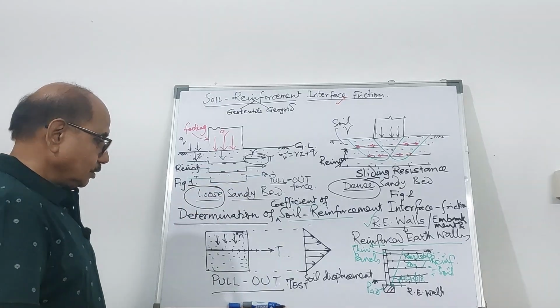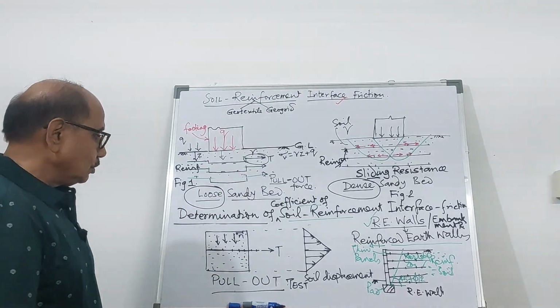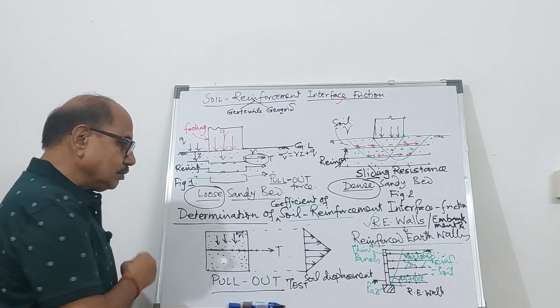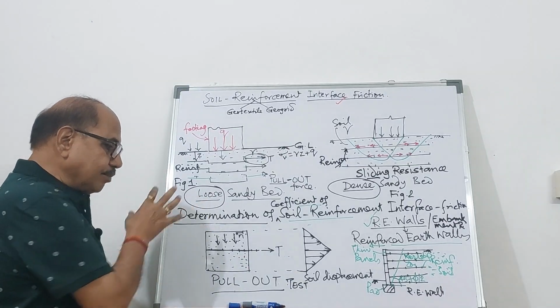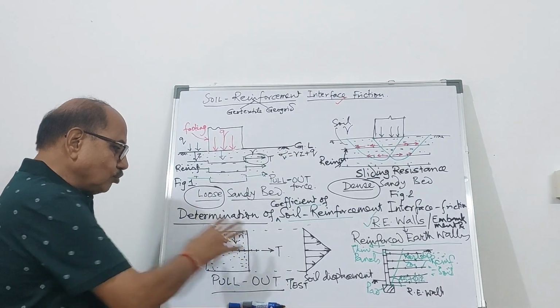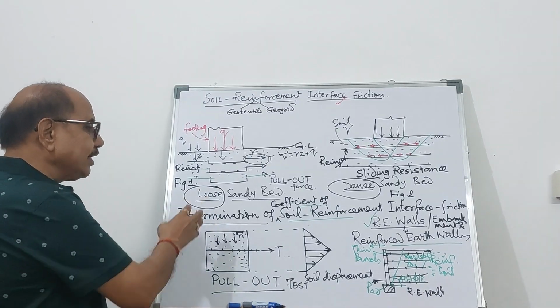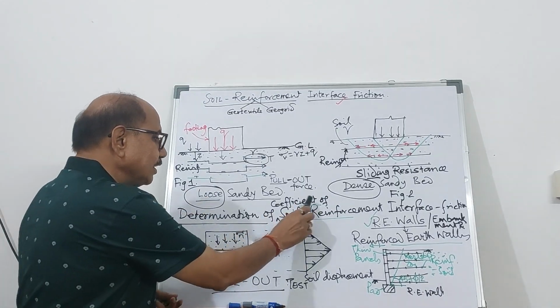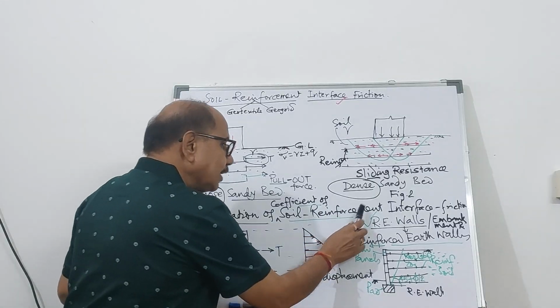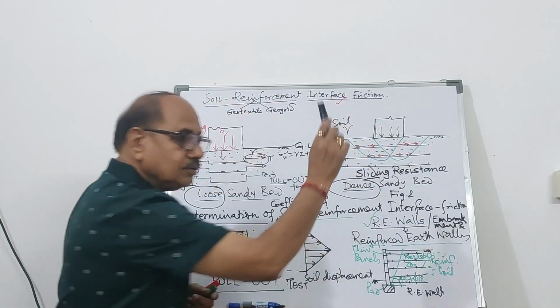Friends, we have now the tests available, whether it is a modified box shear test or pull-out test, which will finally give you the coefficient of soil reinforcement interface friction.